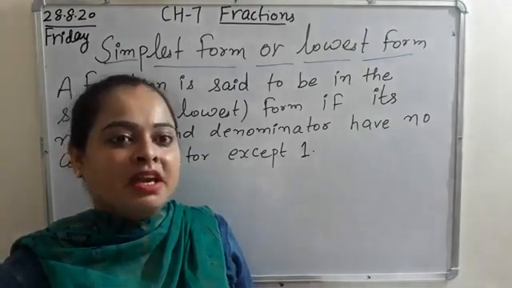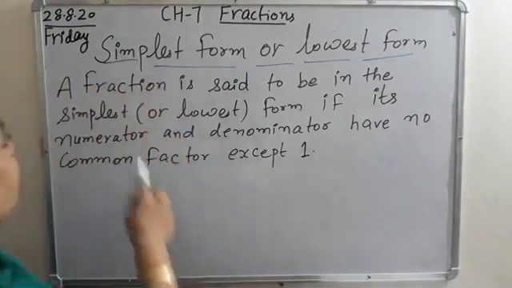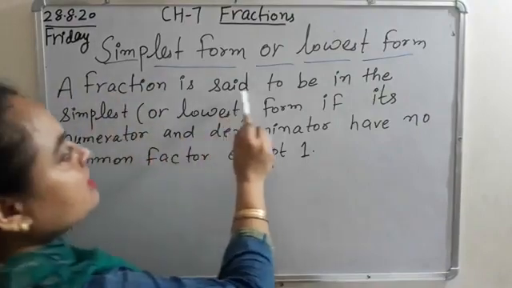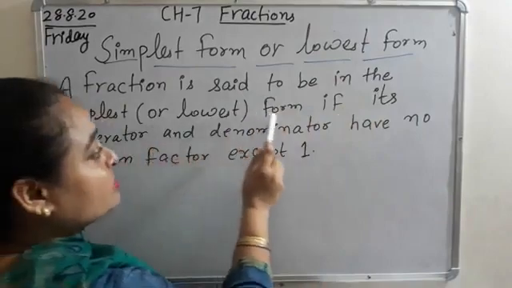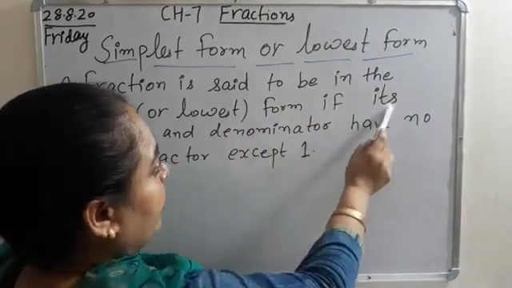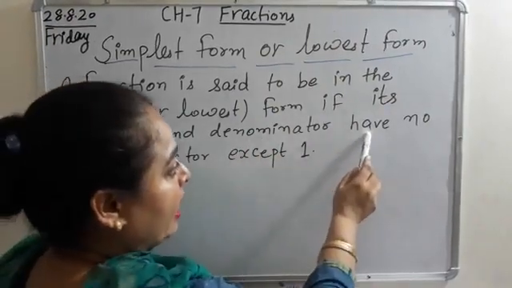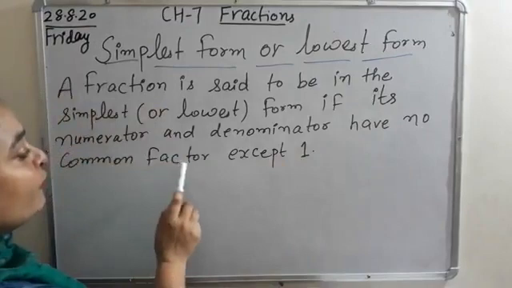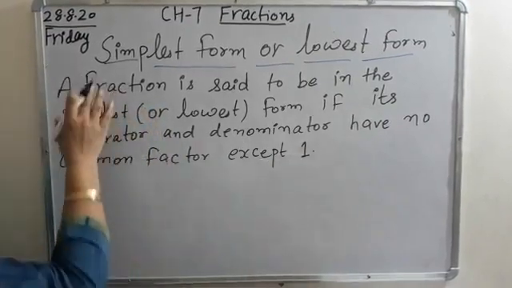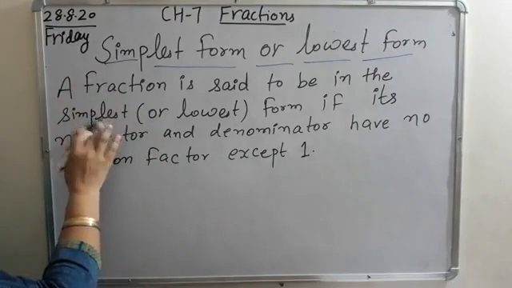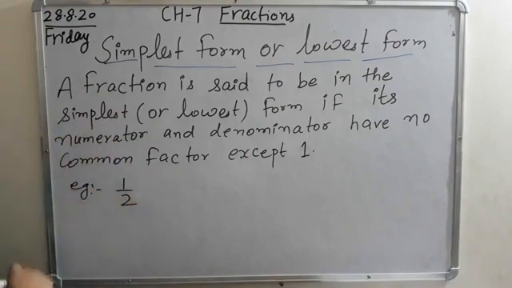Now the next concept is simplest form or lowest form. A fraction is said to be in the simplest or lowest form if its numerator and denominator have no common factor except 1. I will explain this by taking one example. 1 by 2.